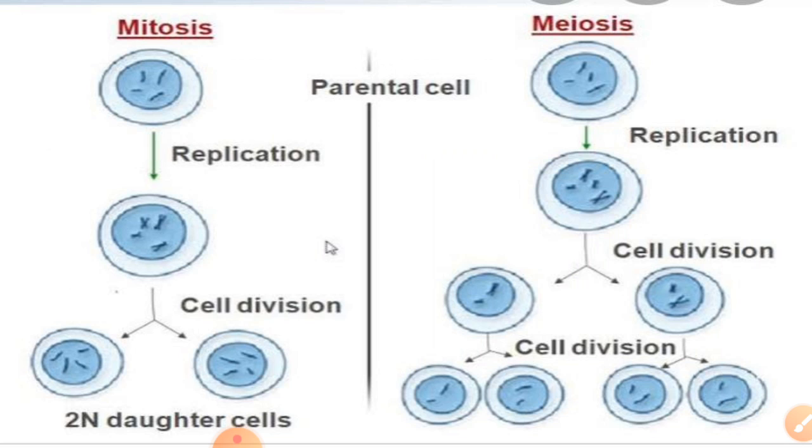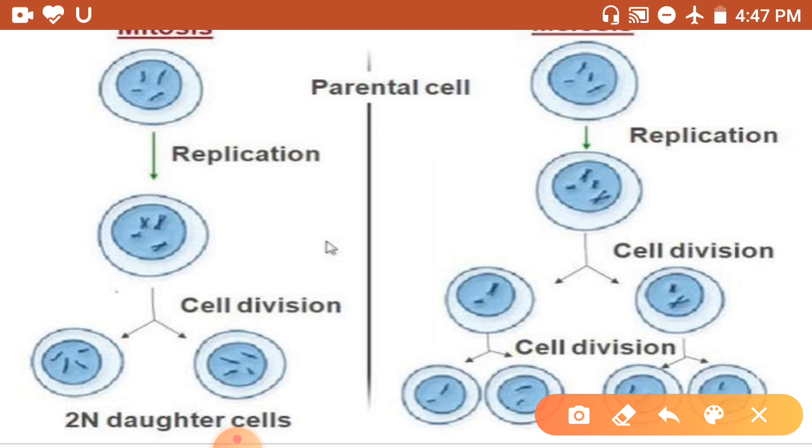What is mitosis? Here you can see on this side, on your left hand side, the mitosis. Mitosis is the process of cell division by which most cells divide for growth. In this process each cell, called the mother cell, divides into identical daughter cells.